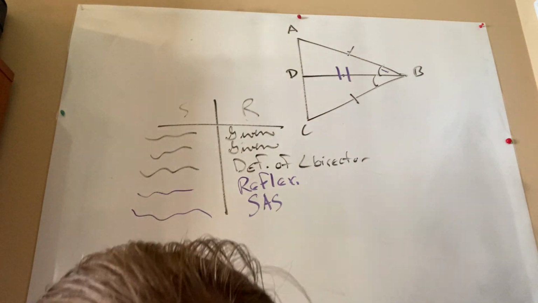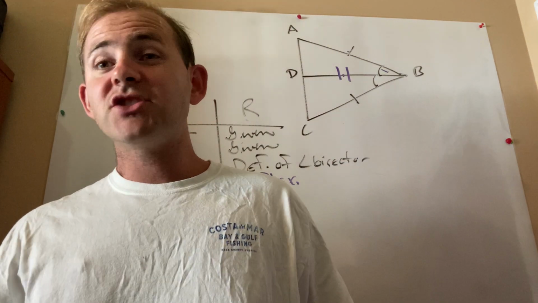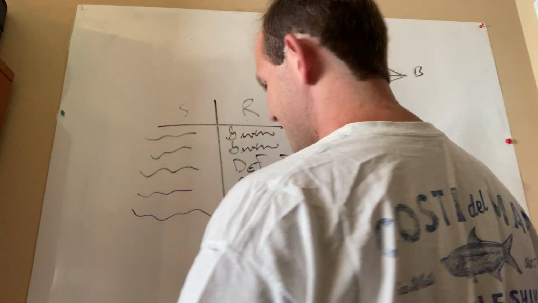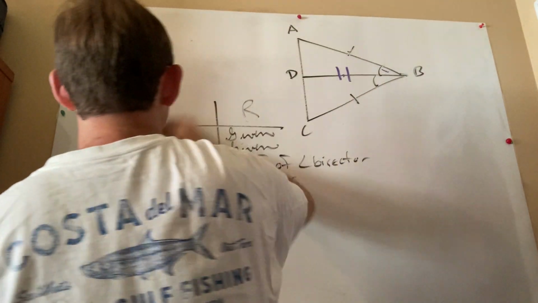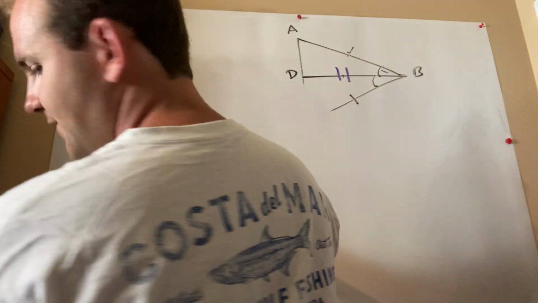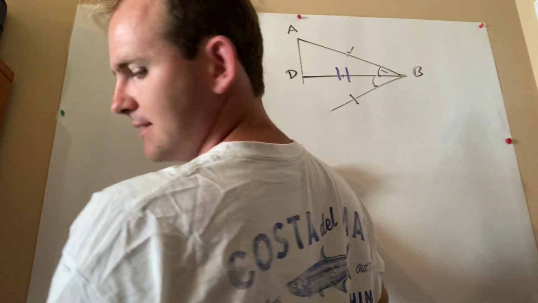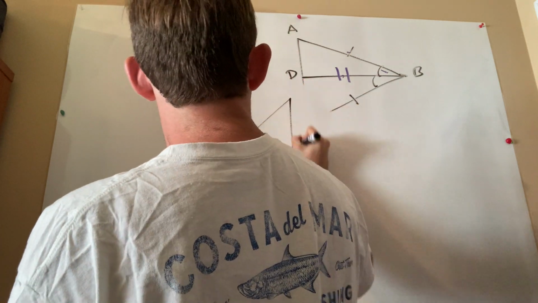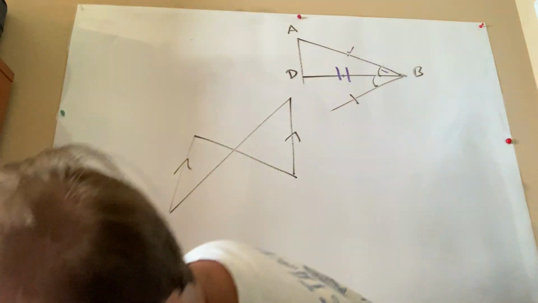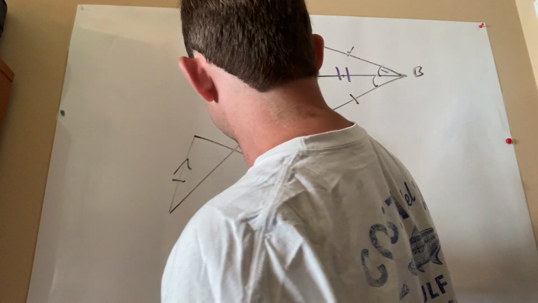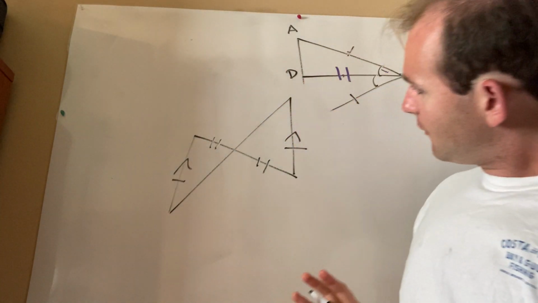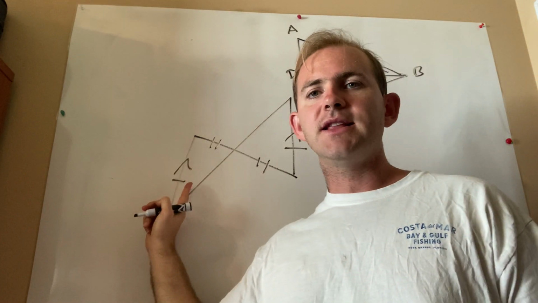All right. Now, number 6 is actually a little bit tricky, so I'm going to show this one drawn to the best of my ability, which means I'm probably going to have to erase something. Alrighty. So number 6 looks something like this. Now they tell me something interesting. Yes, they give me some congruent sides. However, the other thing that they tell me is that I have parallel lines.